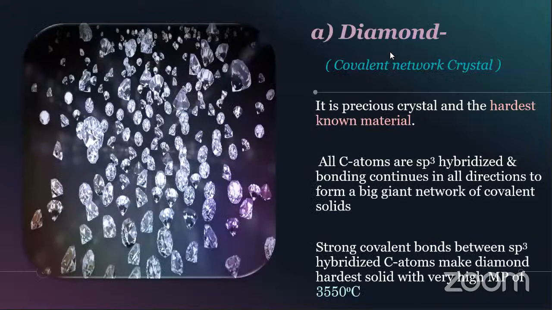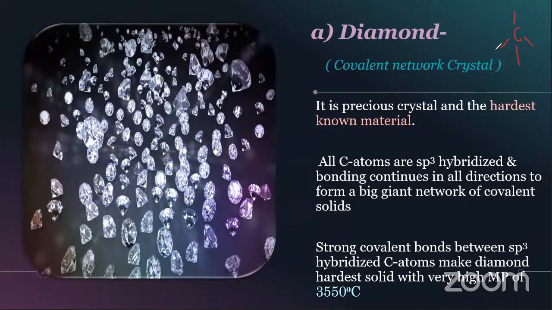Now, diamond is a very important covalent network crystal. Everybody knows this. Every carbon is bonded to another carbon. What is the shape that we get in diamond? Every carbon is bonded to other carbon by which shape? Tetrahedral.